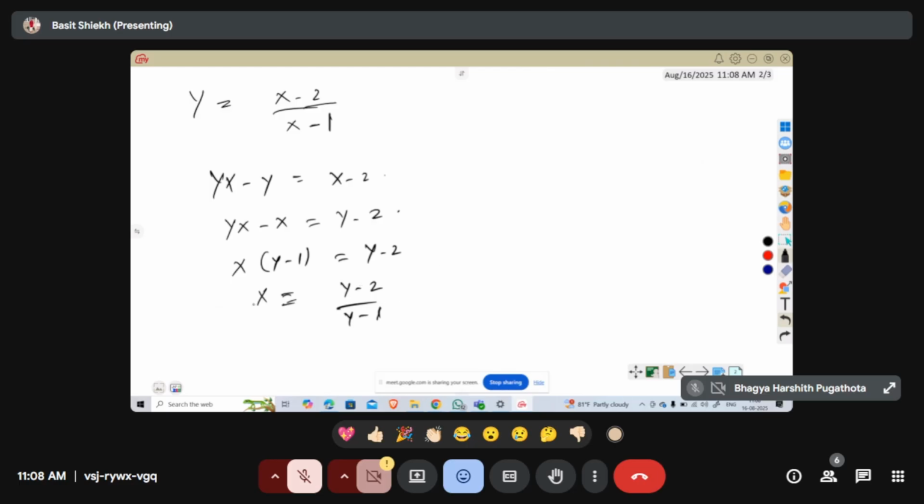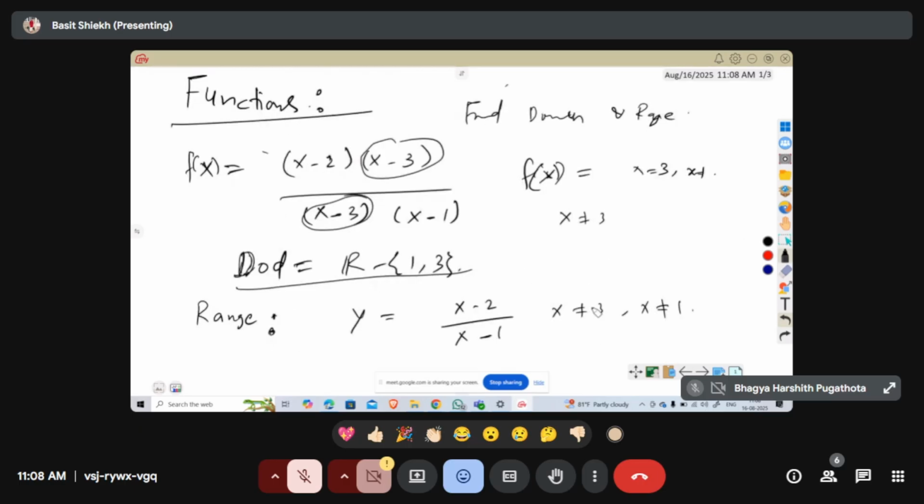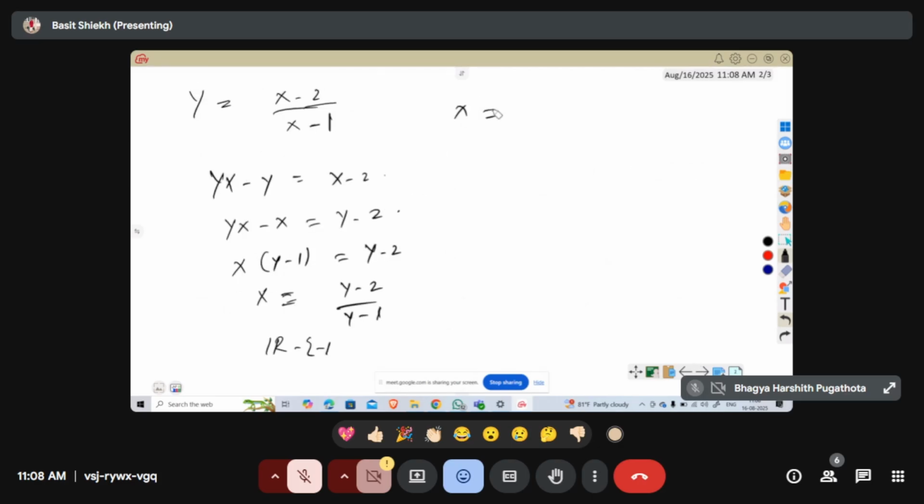Now, for this range, we will remove y not equal to 1, so R minus {1}. But since x is not equal to 1 and 3, I will check these points also.